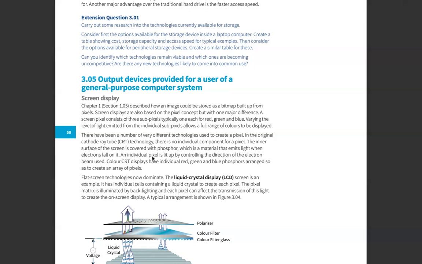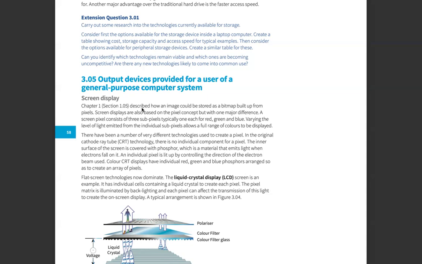An individual pixel is lit up by controlling the direction of the electron beam used. Color CRT displays have individual red, green, and blue phosphors arranged so as to create an array of pixels.